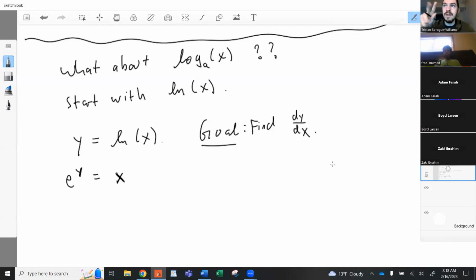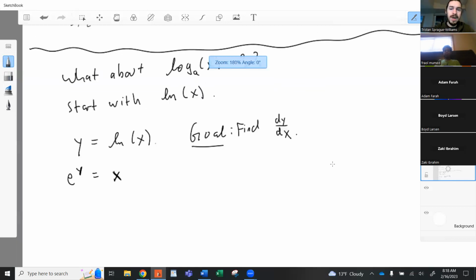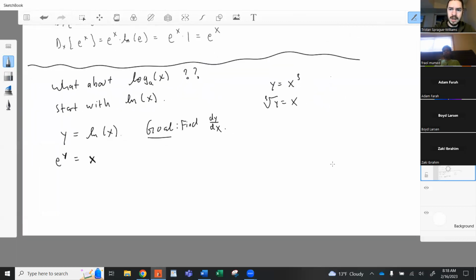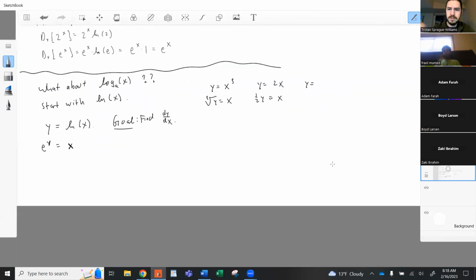So it is using the e to the x function, except it's not x that's inside of it; it's the y that's inside of it. This is, by the way, not that different from having something like y equals x cubed is the same as saying the cube root of y equals x, or y equals 2x is the same as saying a half y equals x, or y equals x plus 7 is the same as saying y minus 7 equals x.